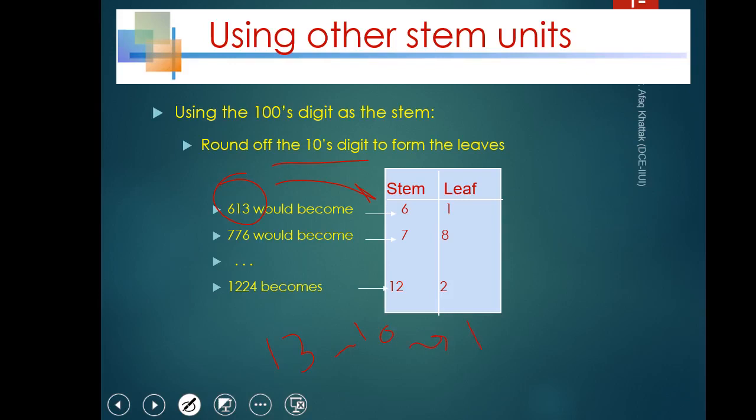Similarly, if we have 76, we write 7 on the stem side, and 76 is rounded to 80, so instead of 80 we write 8. Similarly for 124, we take 12 on the stem side, and 24 we transform to 20, and then we write 2 here.